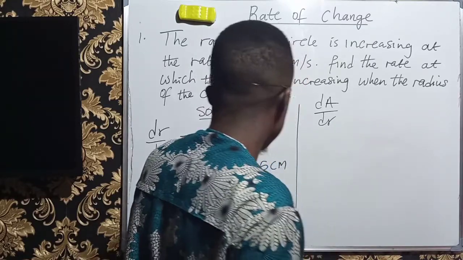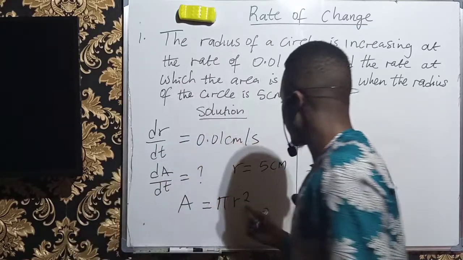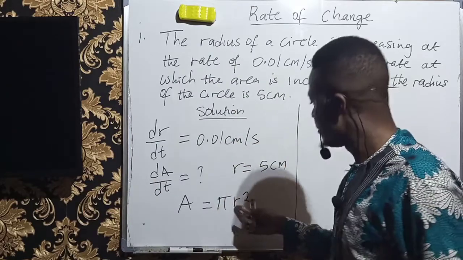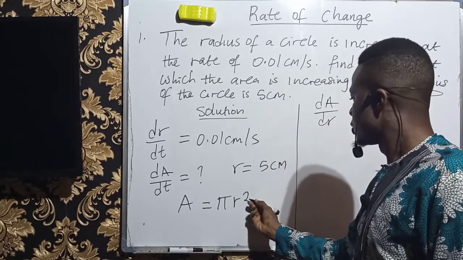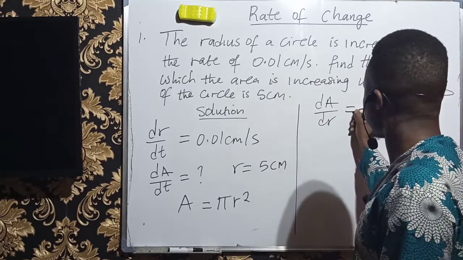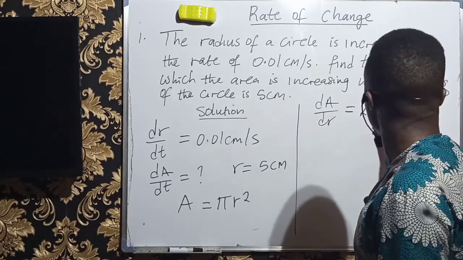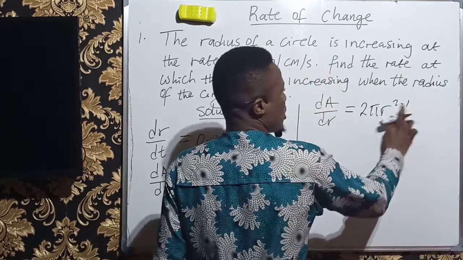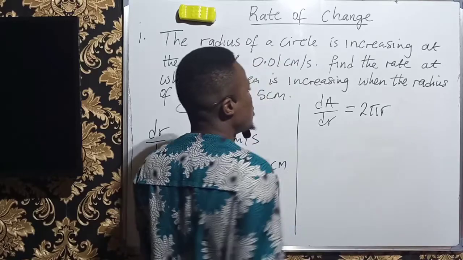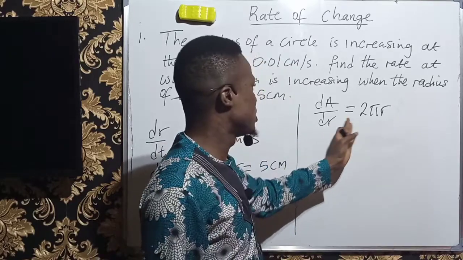So when I differentiate this from the formula of differentiation, you will see that the power will come to the back. Remember, this pi is a quantity, so you don't touch it when you are differentiating. So 2 coming to the back, we shall have that dA over dr is just 2 pi r. You can say 2 minus 1, and 2 minus 1 is just 1, which is nothing. So this is our dA over dr.